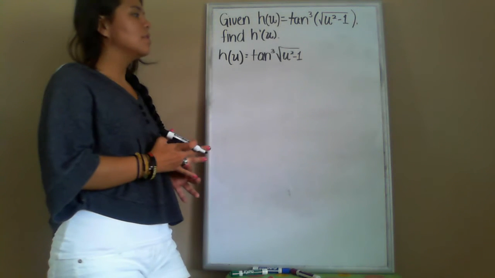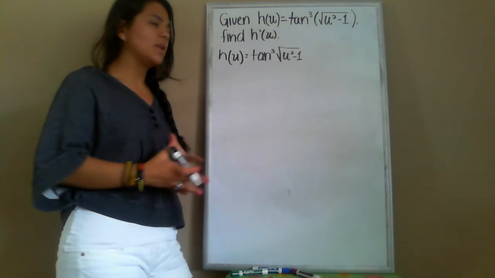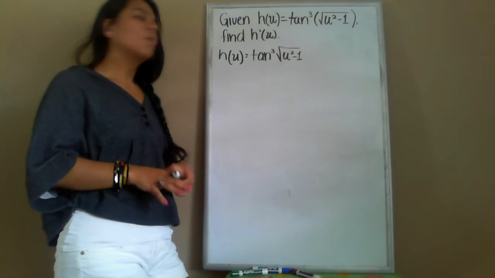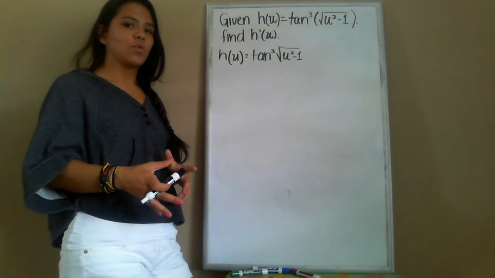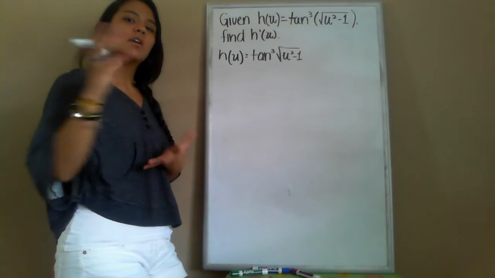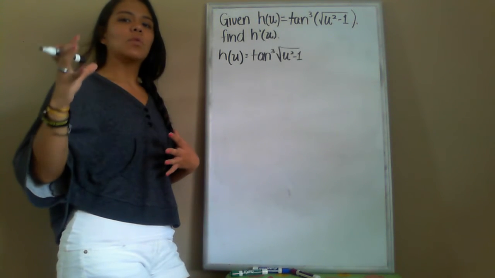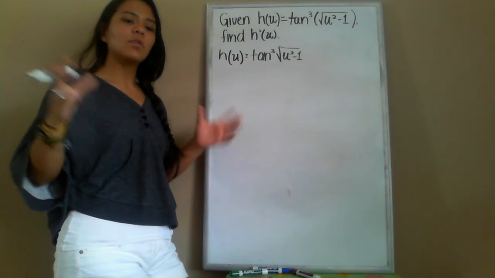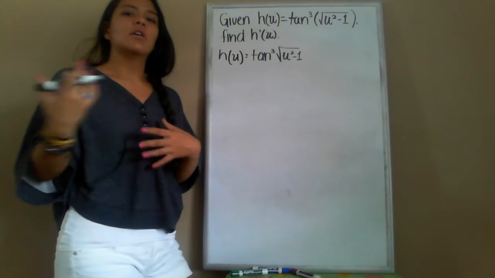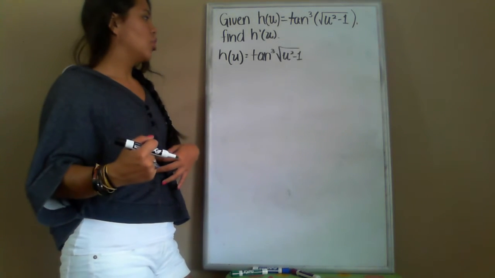Okay, so in this case, that we have so many different equations within this equation, we must use the chain rule. And what we do is that we tackle each one of these expressions separately, and we differentiate them. At the end, we multiply each one of the expressions' derivatives.